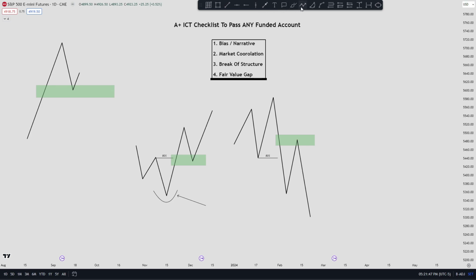Inside of this level here of the higher time frame, there's a lower time frame pullback here for that continuation. You see that?